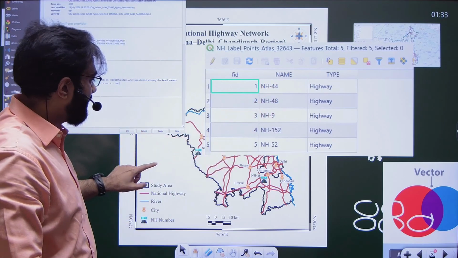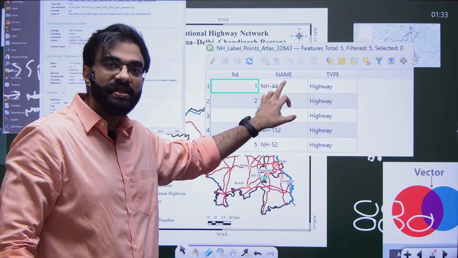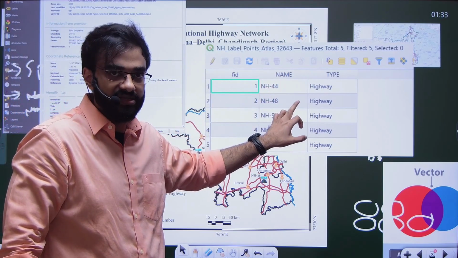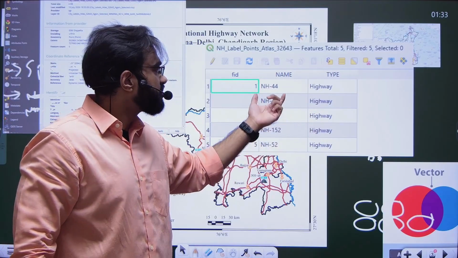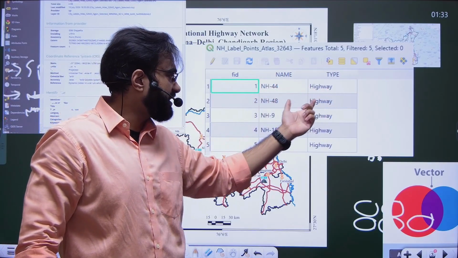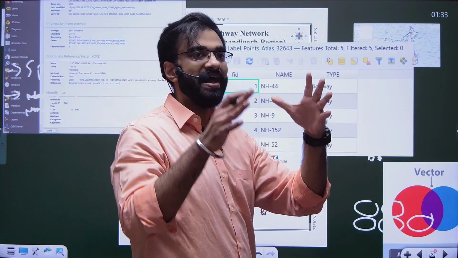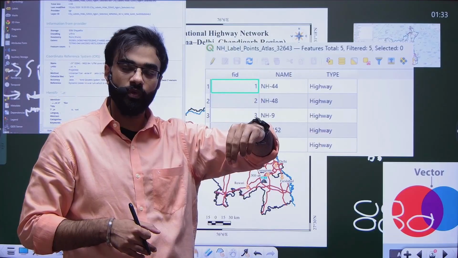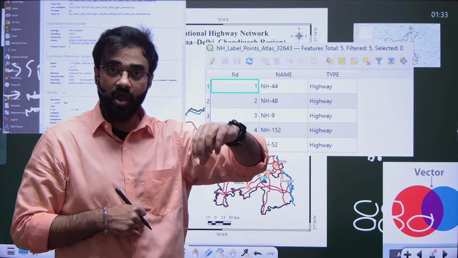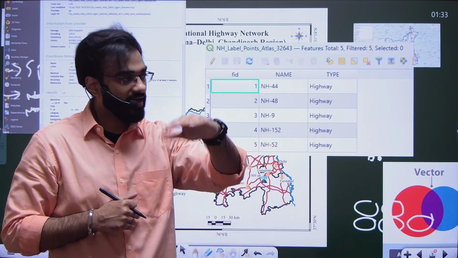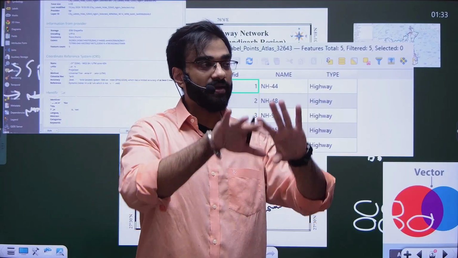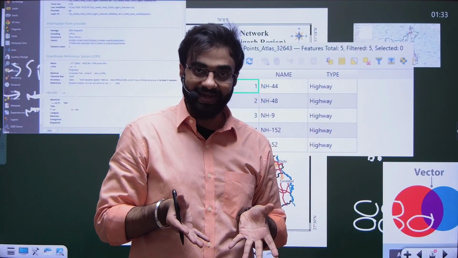This is the layer which contains the highway lines, which is a type of vector data. NH44, name, type highway. This gives the additional information. For example, if my house is located at a particular destination, I can mark the house on the map with the help of a point. I can mark the roads leading to the house. I can mark the polygon Delhi.